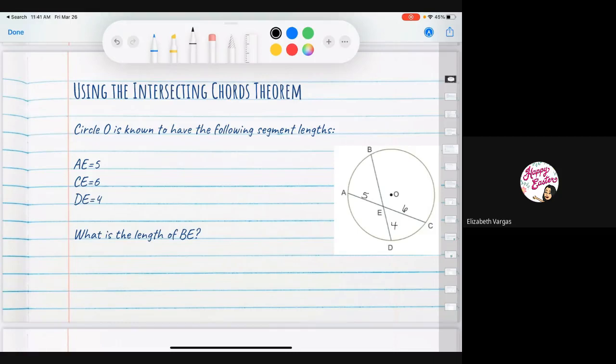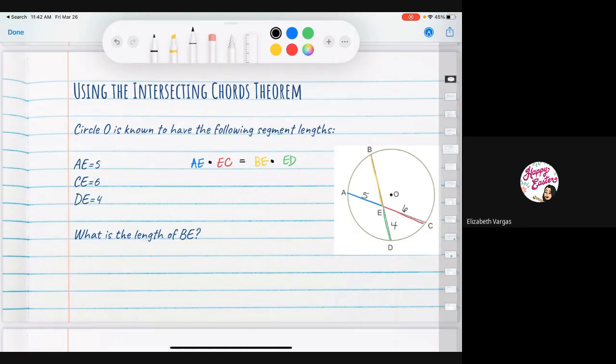Well, what our intersecting chords theorem basically tells us is that we can take the length from A to E and multiply it by the length from E to C, and that should be equal to the length of B to E times the length of E to D. So that is what the intersecting chords theorem tells us.